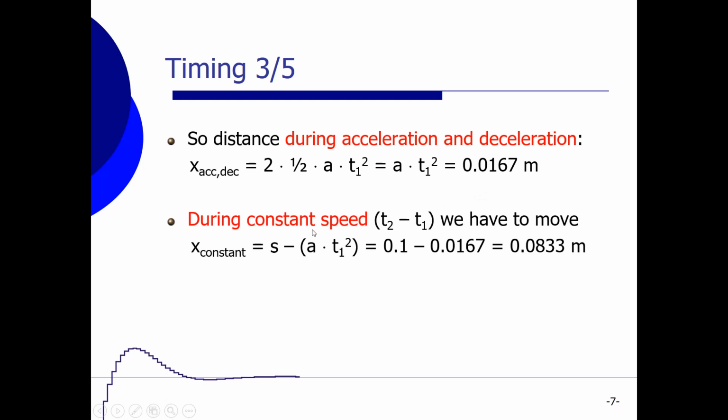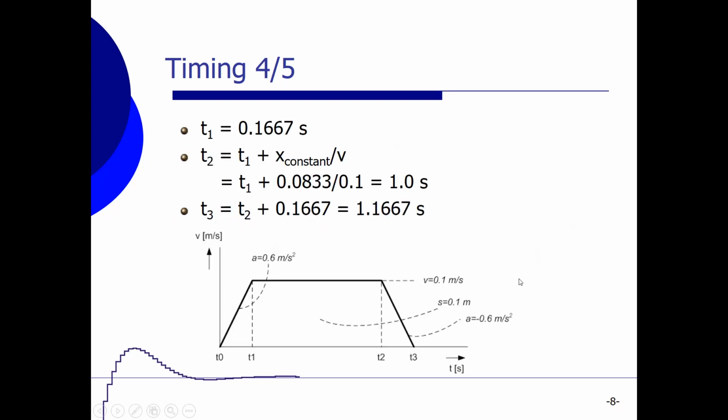So during constant speed, so in the area between T2 and T1, we have to move at a constant speed, and the position which we have to move is equal to the maximum position, what was our requirement, 0.1 meters, minus that 0.0167 meters, which is 0.0833 meter.